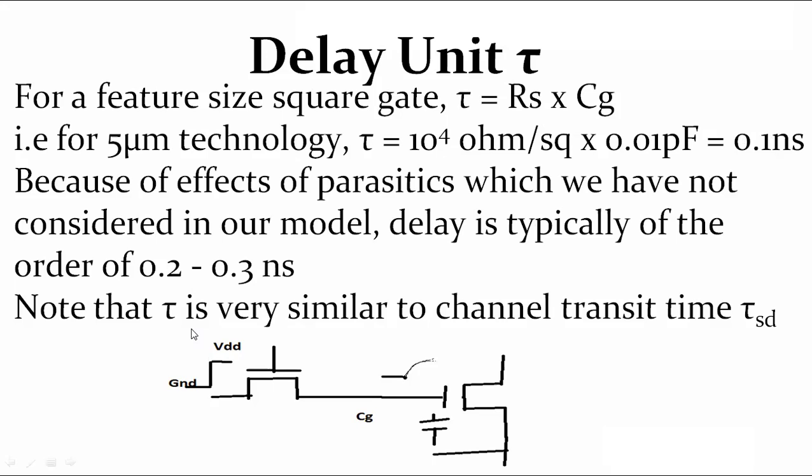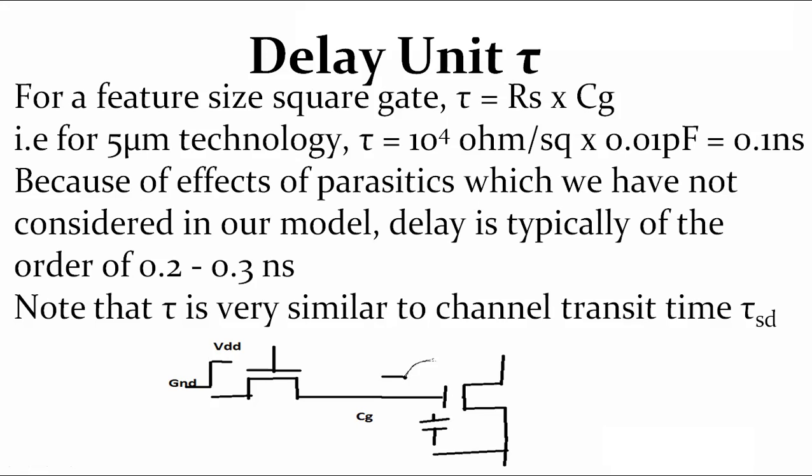Note that tau is very similar to the channel transit time, tau SD. Already we know the transit time tau; in the second model we derived the IDS versus VDS relation. In that relation we derived tau SD, tau equal to L square divided by mu into VDS, where mu is the mobility of charge carriers.